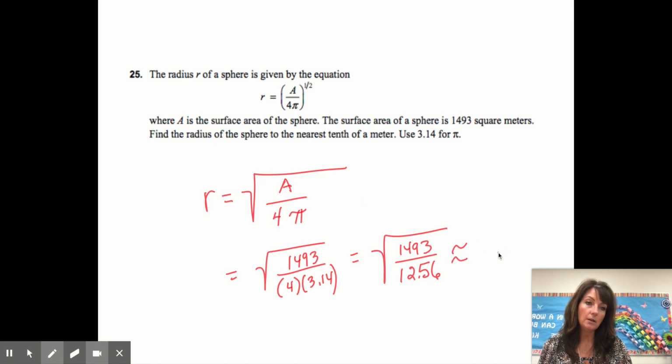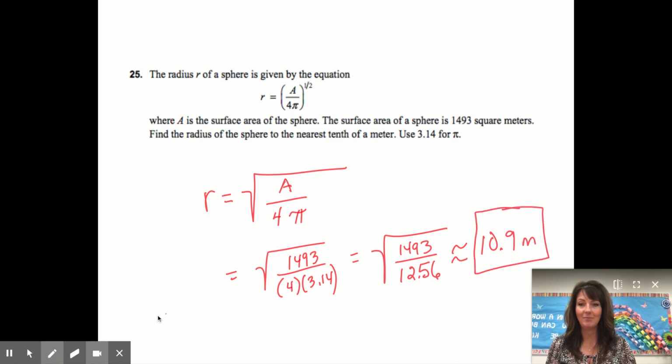So don't round before you take the square root. Keep that long decimal in your calculator, then take the square root of that number, and we'll get approximately 10.9 meters as our answer. You should be able to work that out and get something like that.